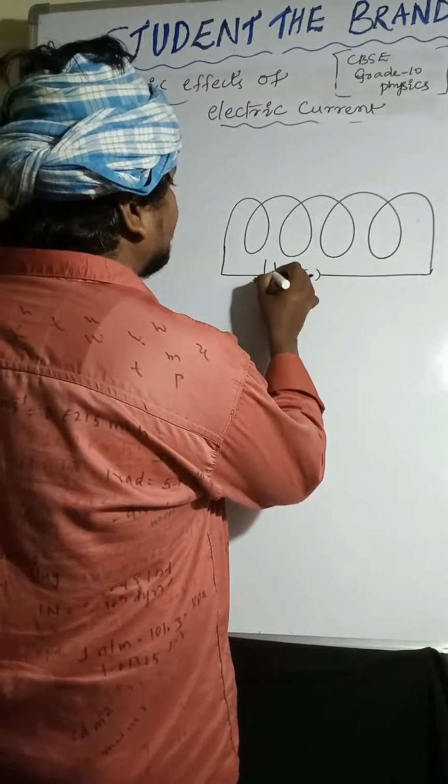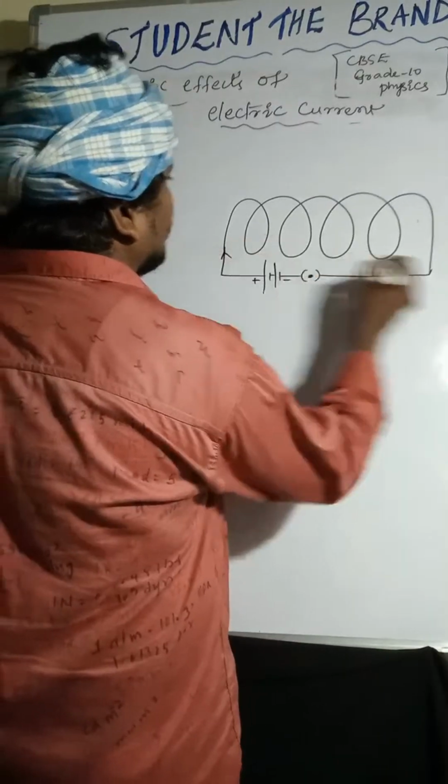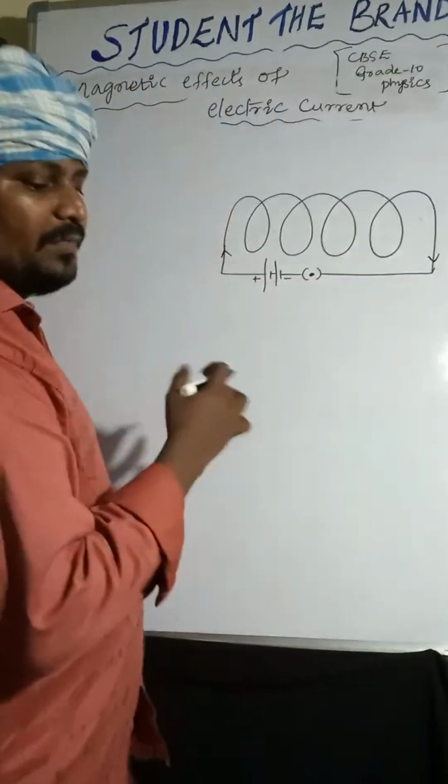So here current is passing around the loop, so magnetic field will be created.